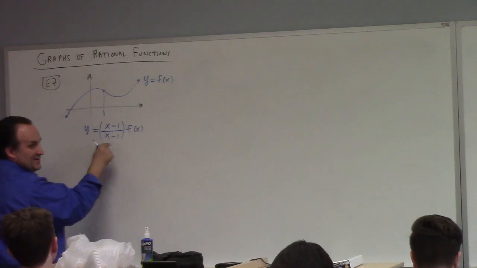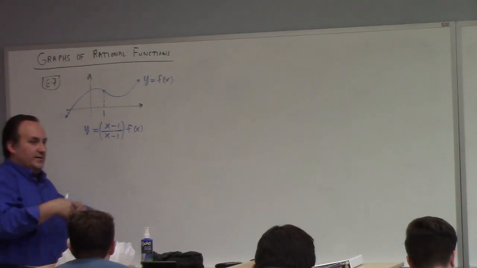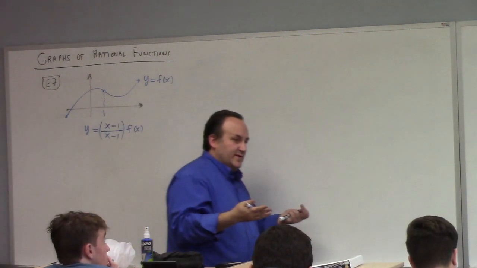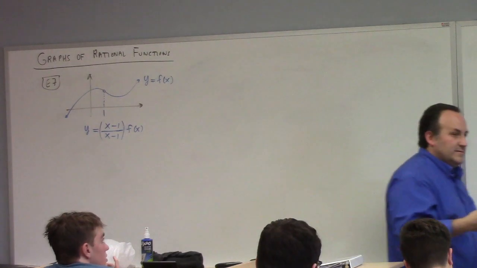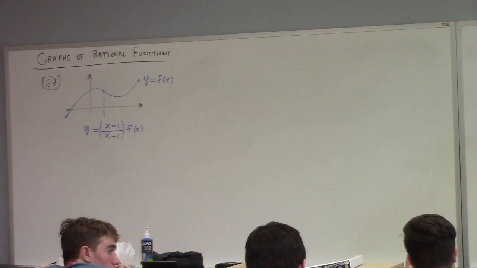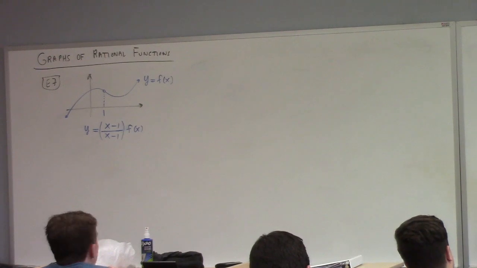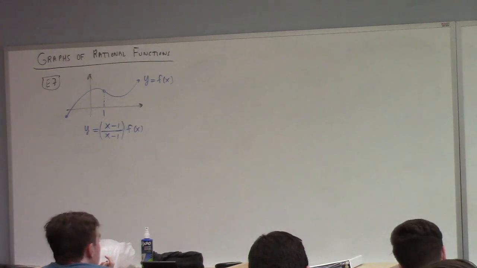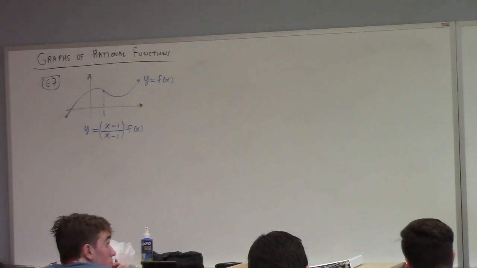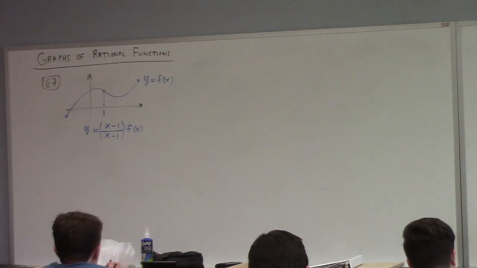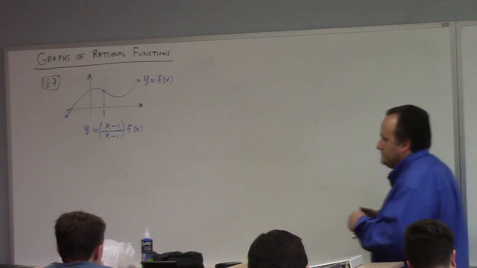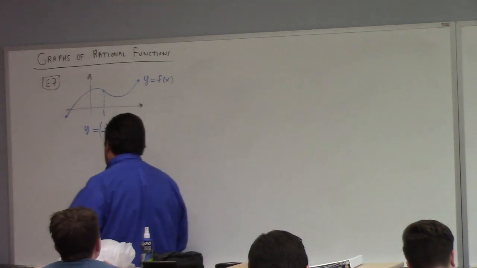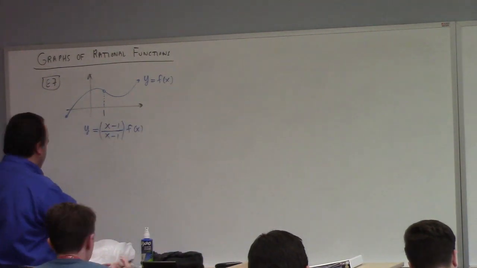It's not defined at 1, but otherwise, x minus 1 over x minus 1 is always equal to 1. So in this silly example, that's how I could punch a hole at 1. I just multiply by this factor, which is undefined at 1, and everywhere else is just 1. That's all that's going on with the hole in the graph, is just these kinds of factors.